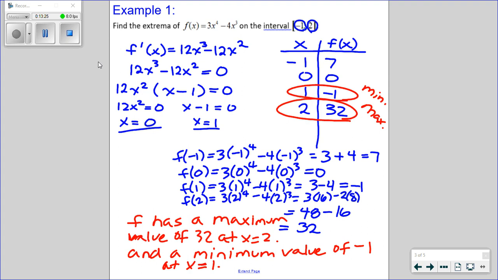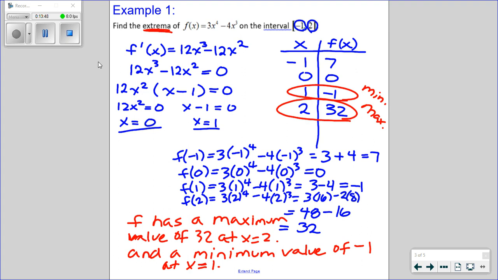But sometimes, you know, they won't use the term absolute or global, but if it doesn't say relative or local, then you know that's what they mean, okay? And so, like in our original question, when it said find the extrema, because it didn't say relative extrema or local extrema, we know that they mean absolute, okay?